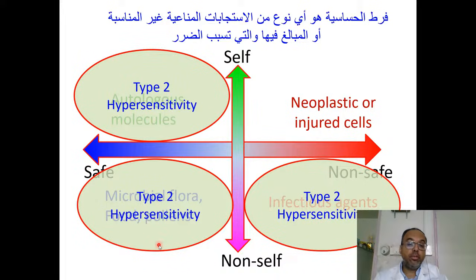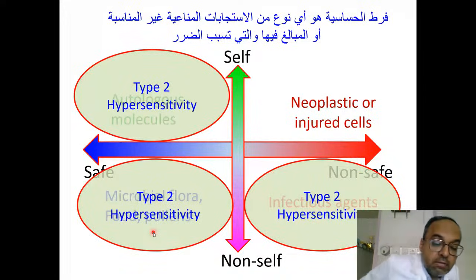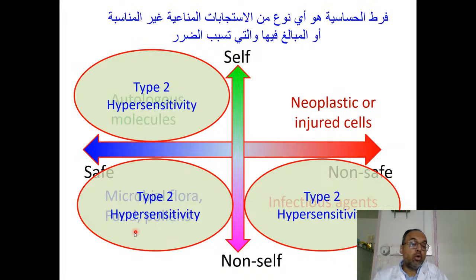So unlike type 1 hypersensitivity, which was limited to the lower left quadrant, for type 2 hypersensitivity, sometimes we have that unwanted damaging immune response against microbial flora, or maybe against food or other things. Sometimes it's against our own molecules, so it qualifies as an autoimmune response, or it can be against infectious agents.